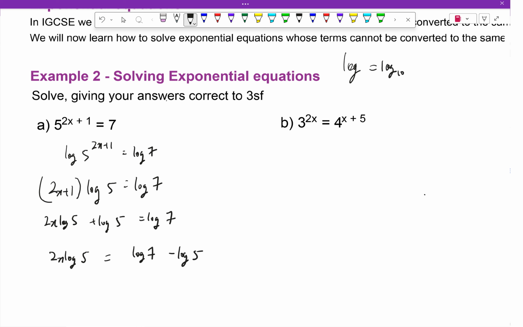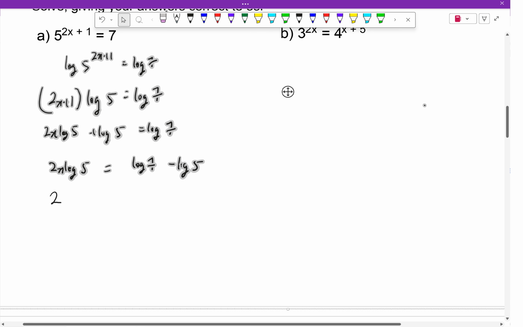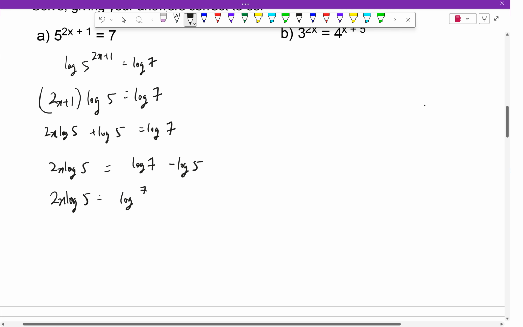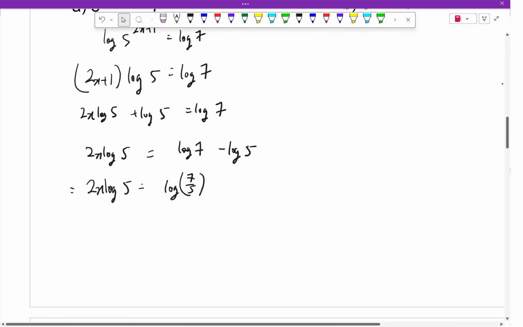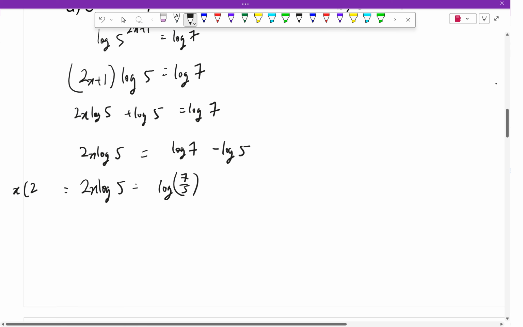So 因为它们两个 it's the same base, so we can just rewrite as 2 log 5 equals to log 7 over 5 like that. 然后因为我们想要 divide, I can even rewrite this as x bracket 2 log 5. So I can just divide everything by 2 log 5.